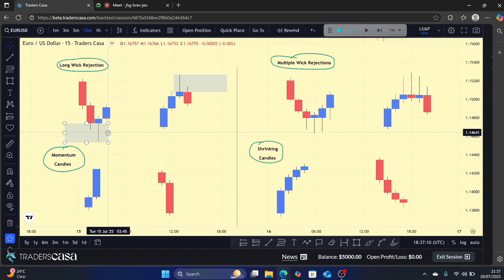And that's the reason why we learn these reversal patterns, because in the previous part where we covered the entry modules, I said that we will be looking for entry opportunities by using these reversal patterns. So right here, on the first reversal pattern, I named it long wick rejection.